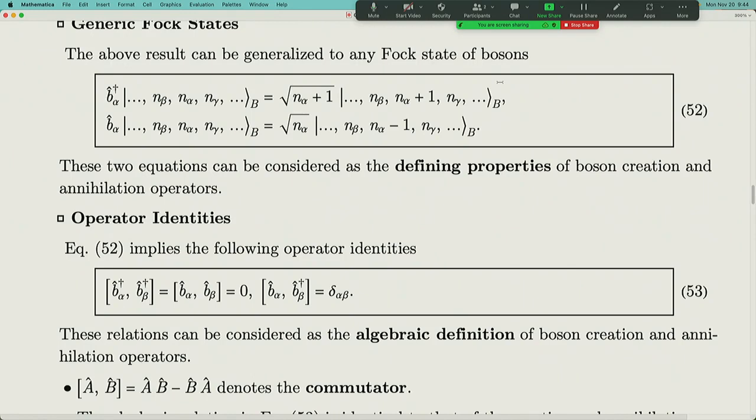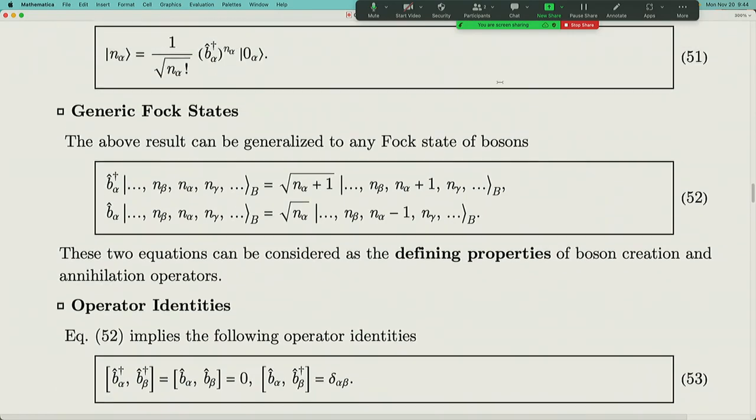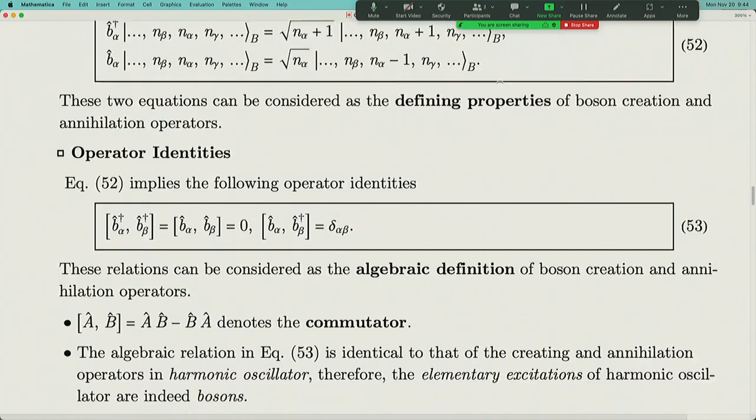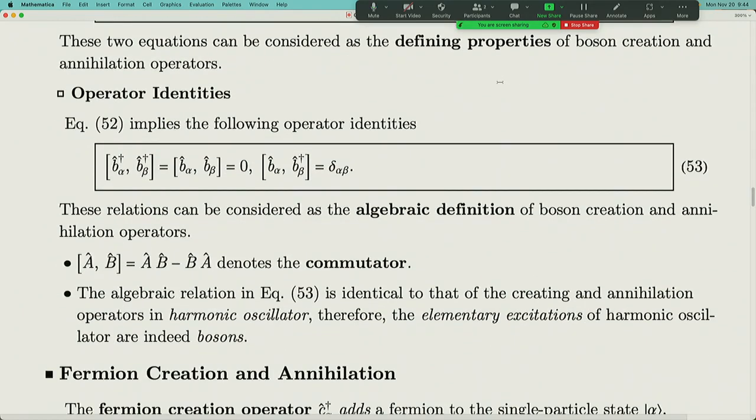But if you apply creation and then annihilation, then the order matters, because there's a difference between B dagger B and B B dagger, which is basically what we have already seen previously, for example, in harmonic oscillators, okay?